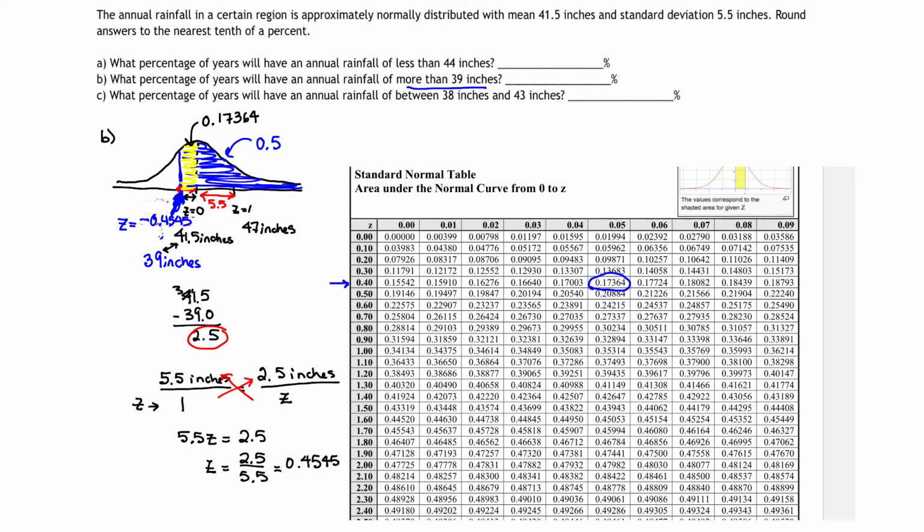If I add those two together, that tells me the total area under that curve, which is 0.67364, exactly what we got in part A. So the percentage of years that have an annual rainfall of more than 39 inches, to 2 decimal places to the right, is the exact same as answer A: 67.4%. All right, that was easy.